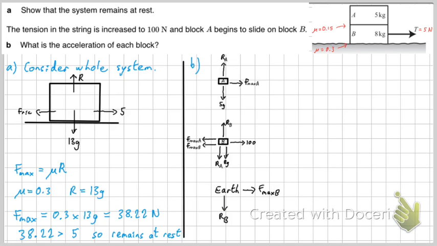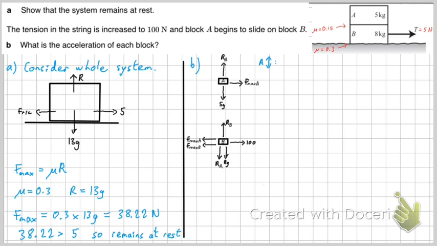You've got the RB, which is effectively the weight of both blocks pushing down on Earth. The 100, somehow that 100 is caused. Imagine if you were pulling on a rope to create that 100 newton force here: your feet would be pushing back on the Earth with 100 newtons the other way. And you'd have this 13g pushing up. The Earth is, of course, pushing up on the blocks. So let's get rid of that.